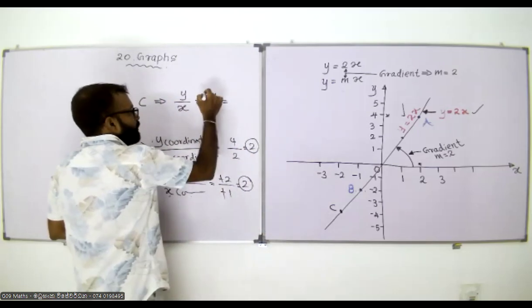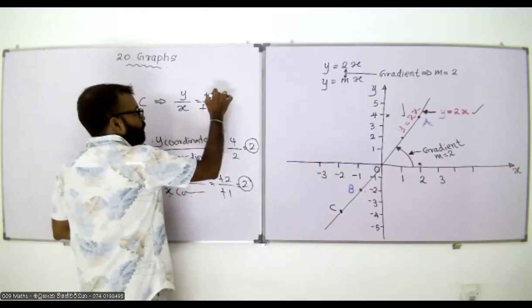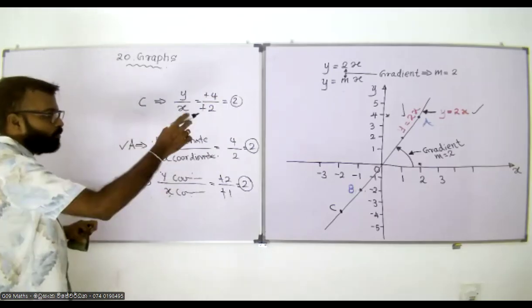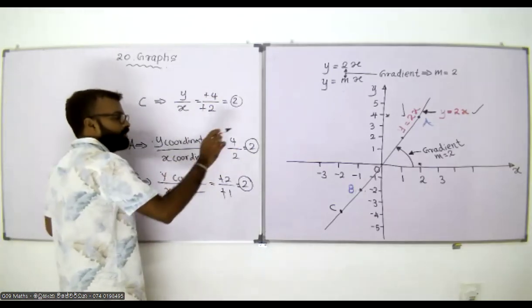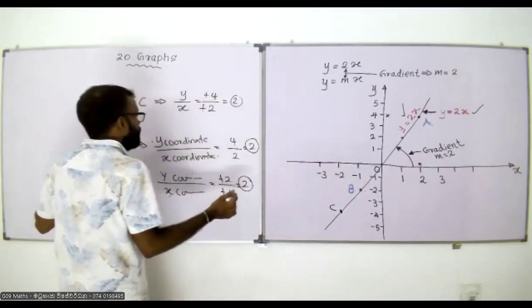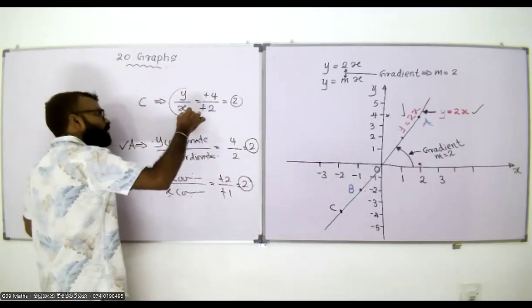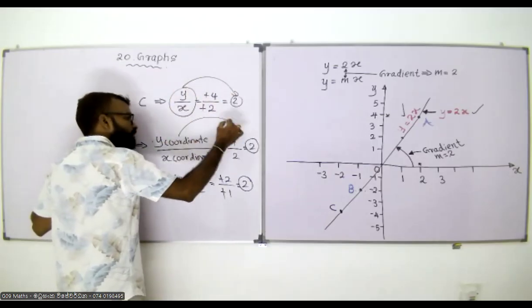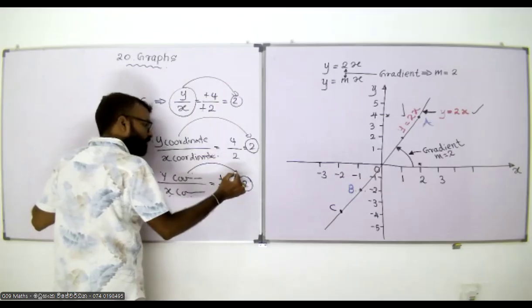Negative divided by negative, positive. 4 divided by 2, 2. So, those 3 points are on the straight line. A, B, C all are on the straight line. But if I take y coordinate divided by x coordinate, it will always give me 2.